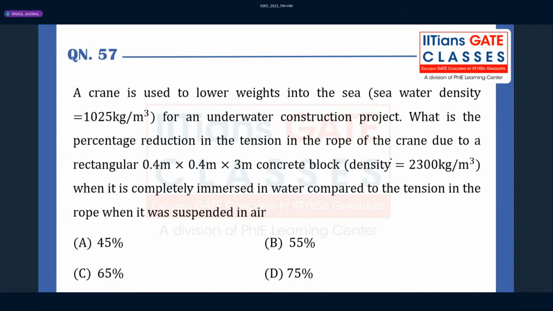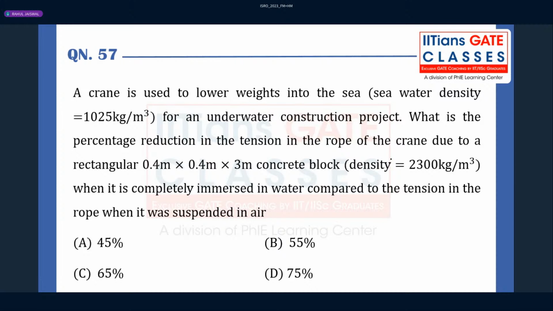Now, in this question, a crane is used to lower a weight. A crane is basically a machine which is used to lower or lift weight. Here they are lowering the weight into the sea. That sea has a density of 1025 kilogram per meter cube, for an underwater construction.